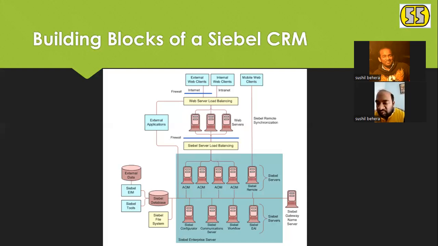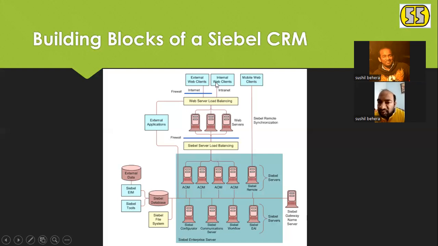Once this request reaches the application object manager, it knows what to do and processes the request. It gives the response, and the response returns in the same fashion as the request came. It goes to the Siebel gateway name server, then to the web server, then to the client.